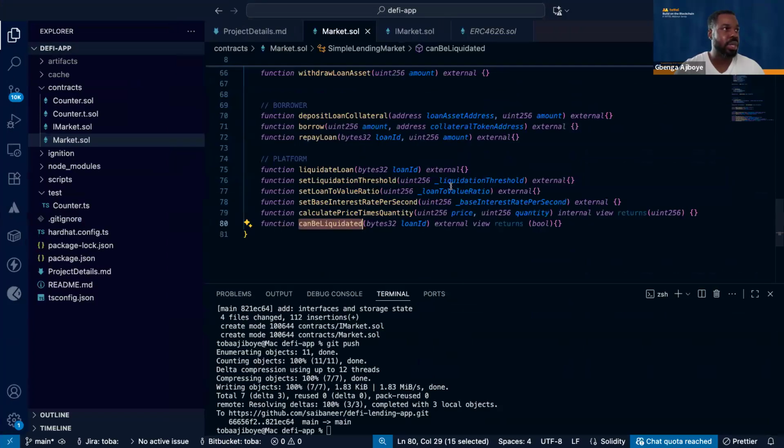Let me zoom in. If this is true, this will work. If this is false, this will fail. So these two are very linked. And I make this external because some people would keep calling this function until they find true, and then once they find true, they instantly call this. That's one way of doing it.